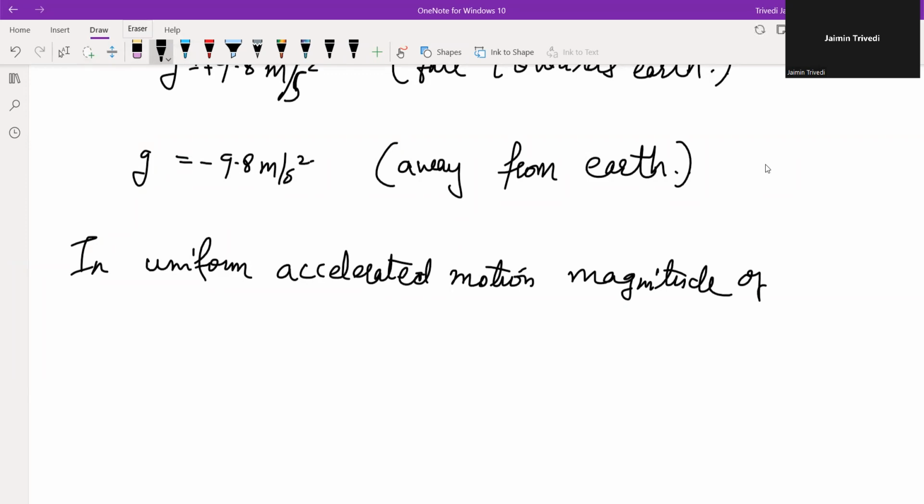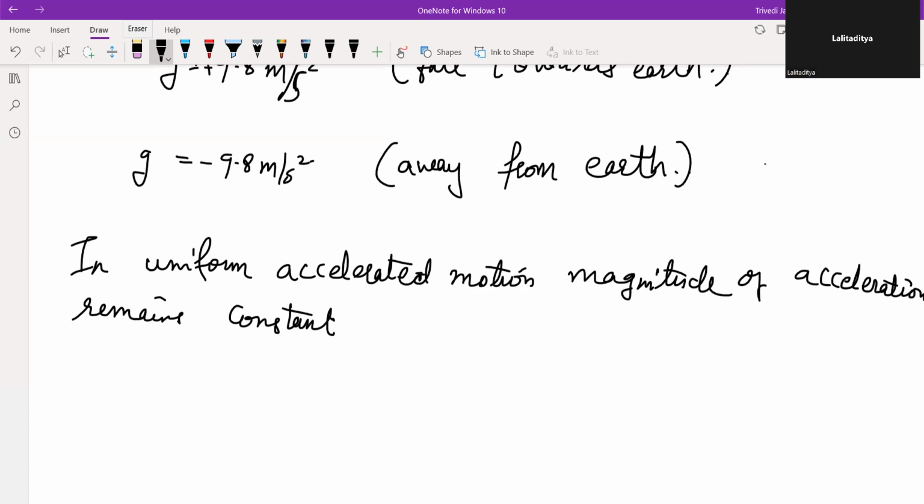Magnitude of acceleration remains constant.